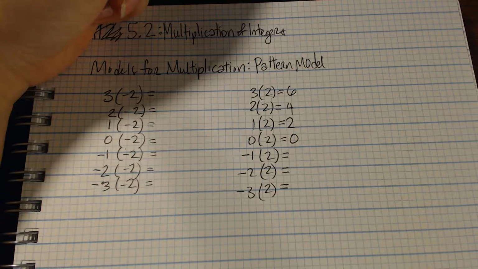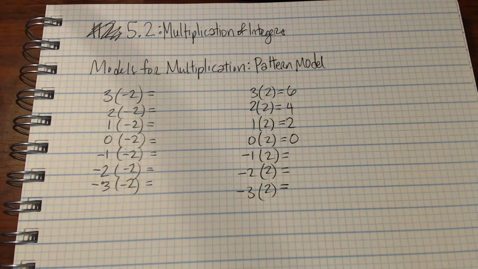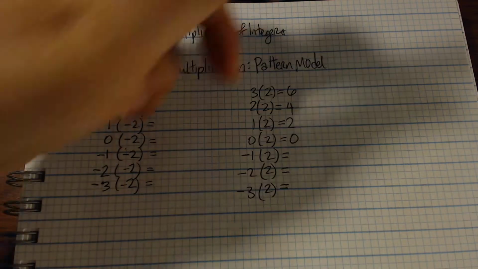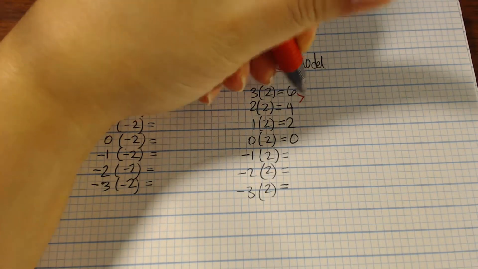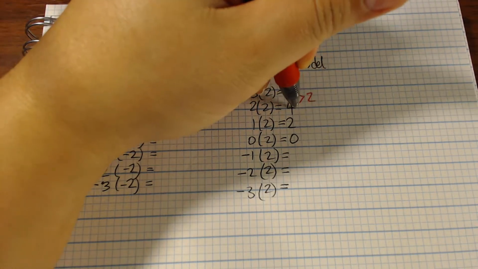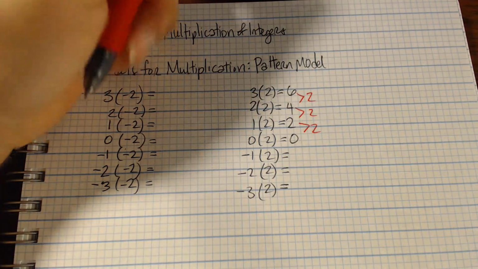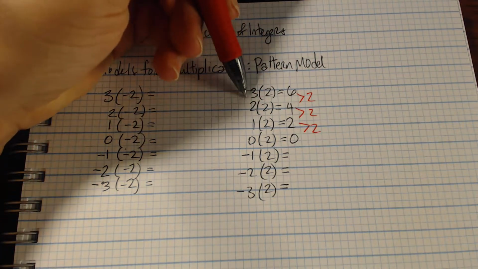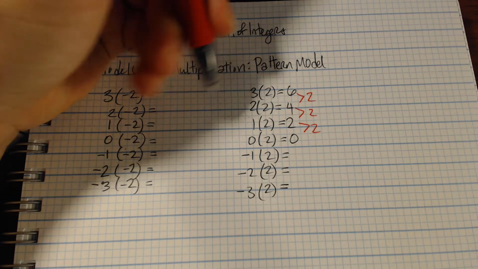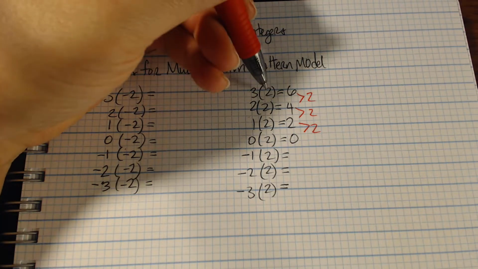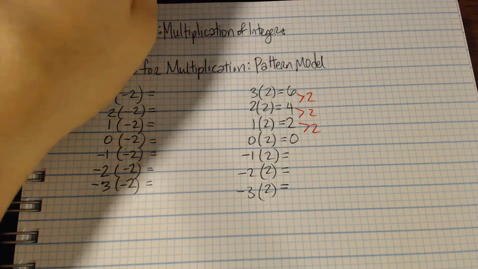So if you look at what we have here, we have a pattern that starts from 6. It's going down 2, going down 2, going down 2, and it's decreasing because we're decreasing here, okay? And then multiplying that decrease by 2.